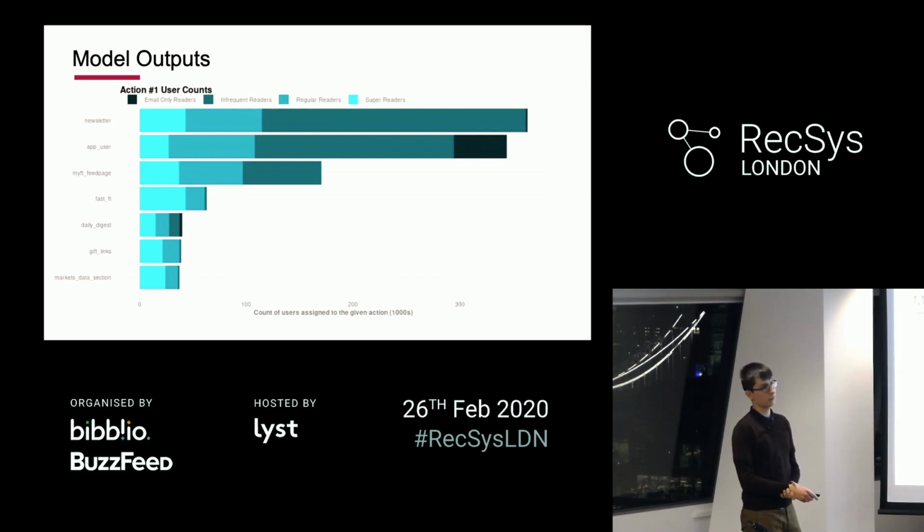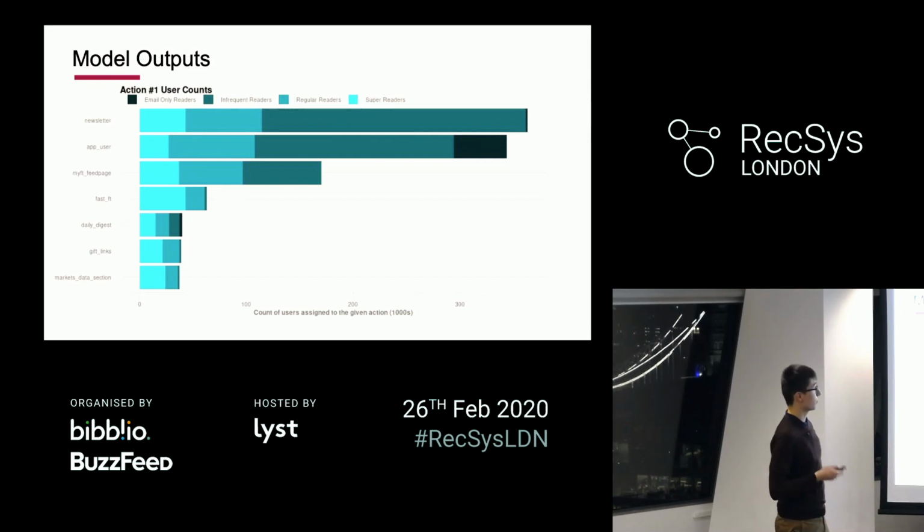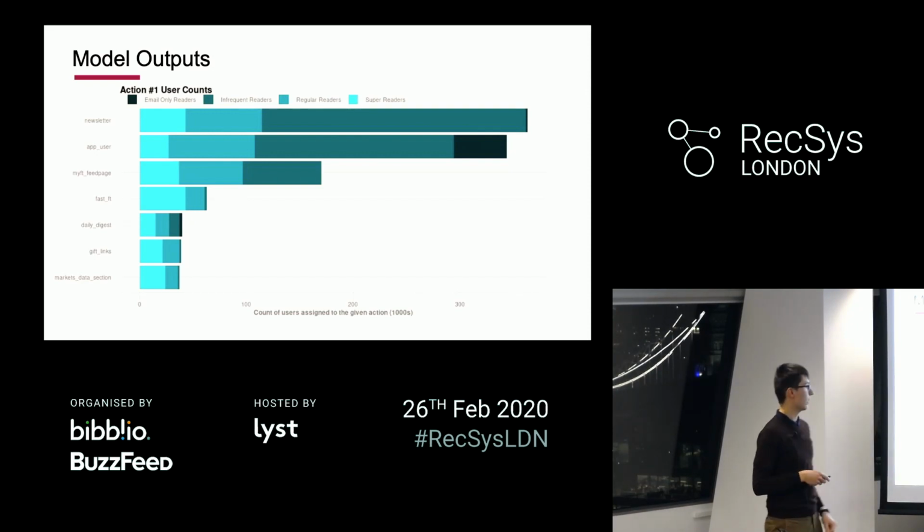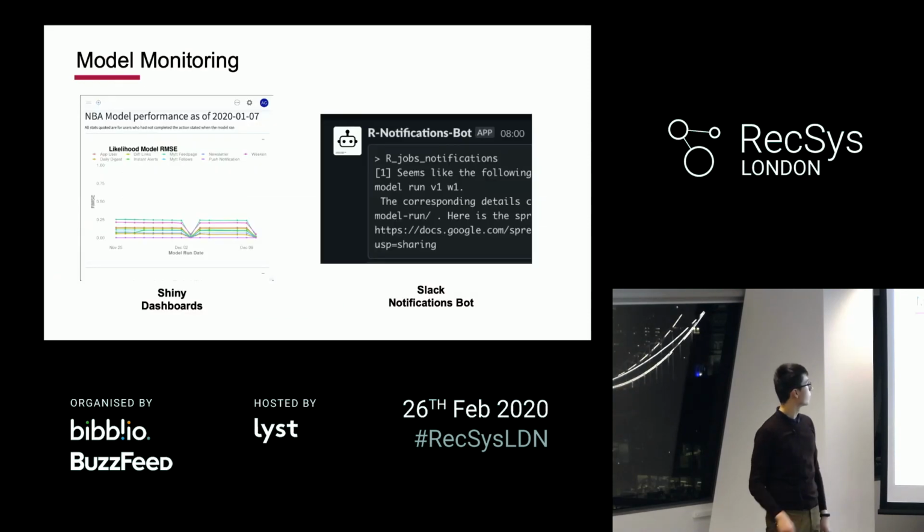This is basically a consequence of the resuggestion filter, because probably those super readers of FT already sign up for the newsletter or are already using the application. That's why we just suggest the next action with the top action relative value.